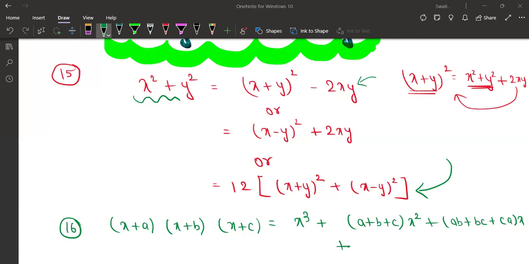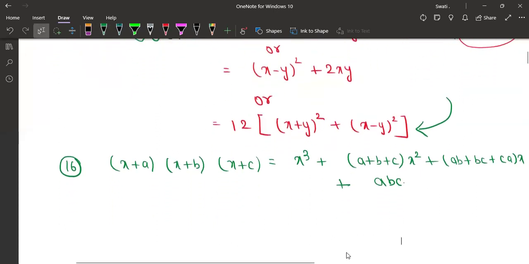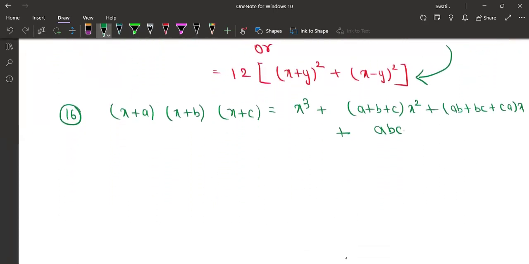That's it. This is the formula for x plus a times x plus b times x plus c.